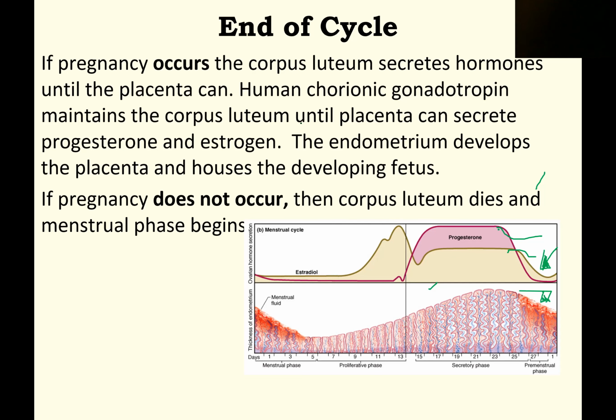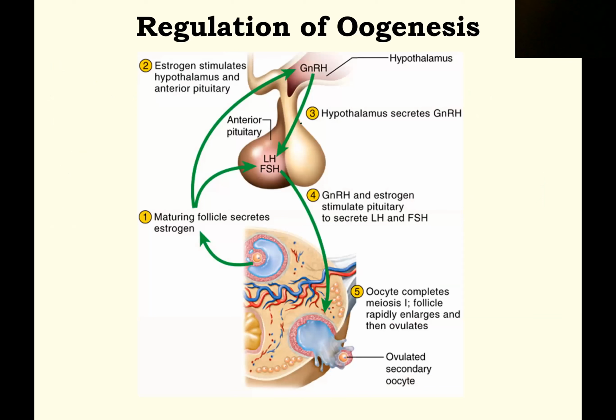Okay, a diagram that's in both chapter 27 and in 28 will help you with your hormone assignment. The hypothalamus is what secretes the gonadotropin releasing hormone, which tells the anterior pituitary gland to secrete either luteinizing hormone or follicle stimulating hormone.